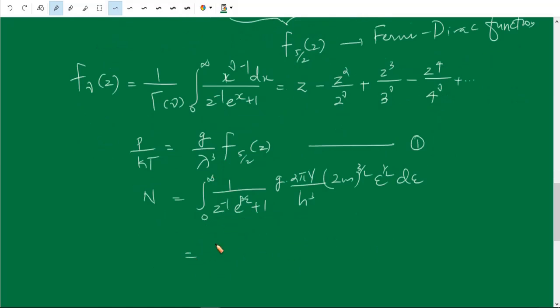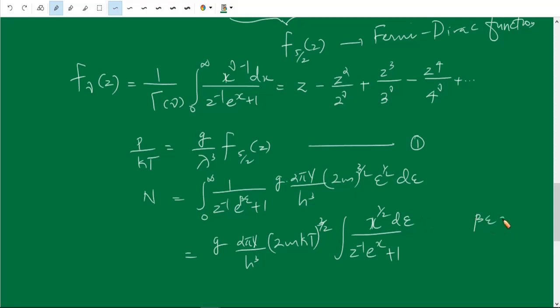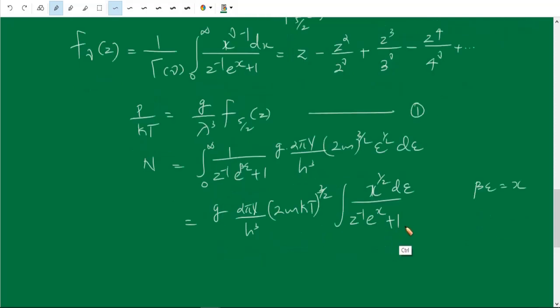So this is equal to g integral 1 by z raised to minus 1 e raised to x plus 1, x raised to half dx. Here I have replaced this beta e with x, so accordingly the de also will change, so this is dx.